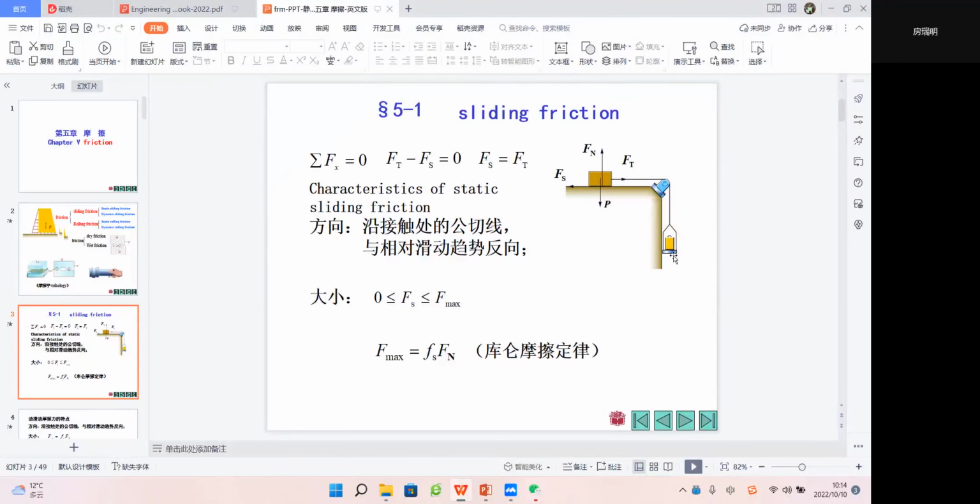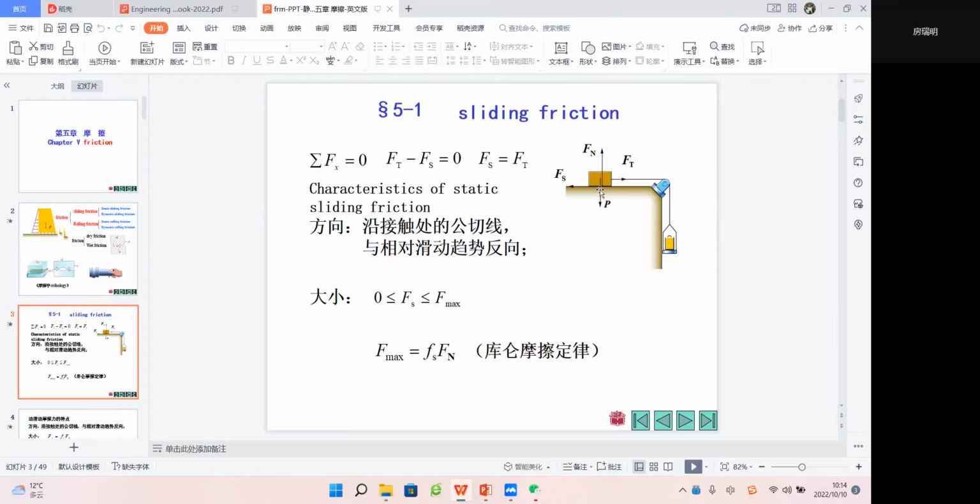If this weight is not big enough, this box will not move, right? So it is in a state of equilibrium along the horizontal line, that is the x direction, and the y direction. So we can give another equilibrium equation, that is sigma Fx equals 0.